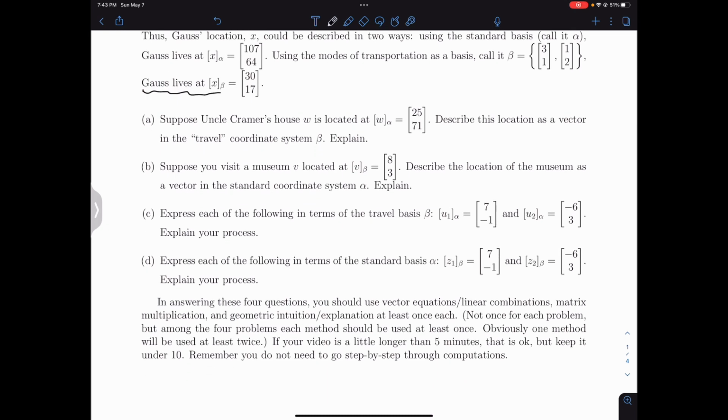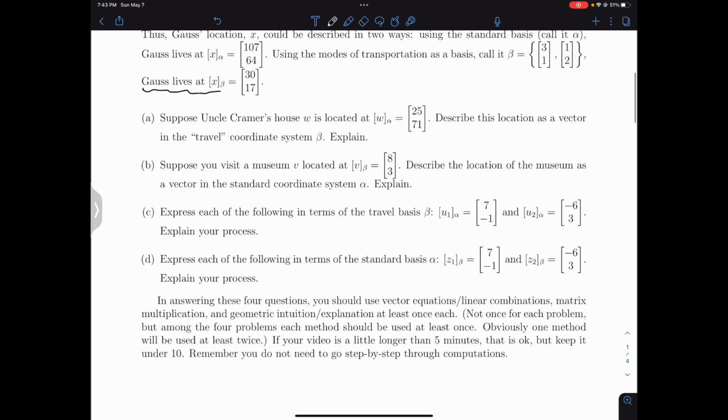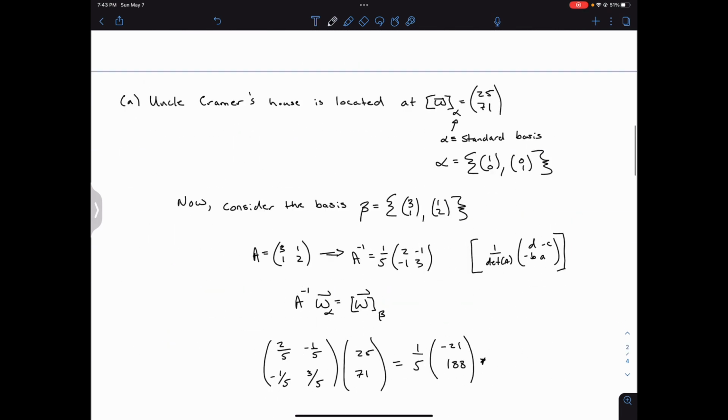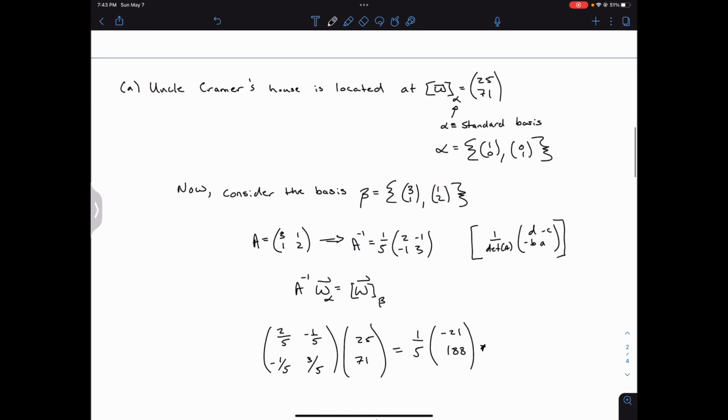We have a few different parts to this problem, so let's start off with part A. Part A says Uncle Kramer in the standard basis lives at the location 2571, and we want to express this in the beta basis.